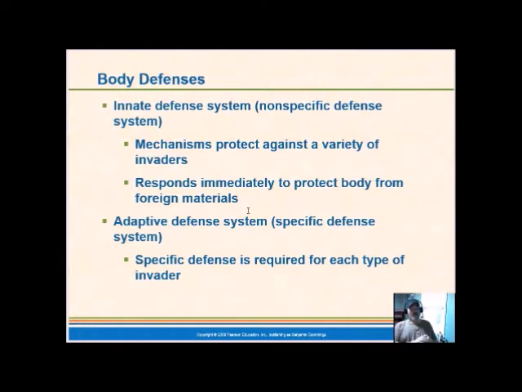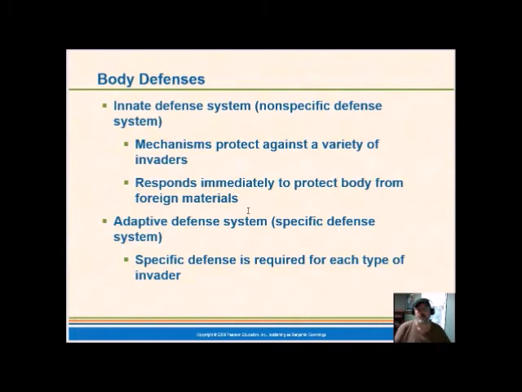Innate defense, or non-specific defense mechanisms, provide a defense against a variety of invaders. They treat all invaders equally. So the skin, it doesn't matter if it's a drop of water, a bacteria, a virus, a fungi, it's going to react the same way.